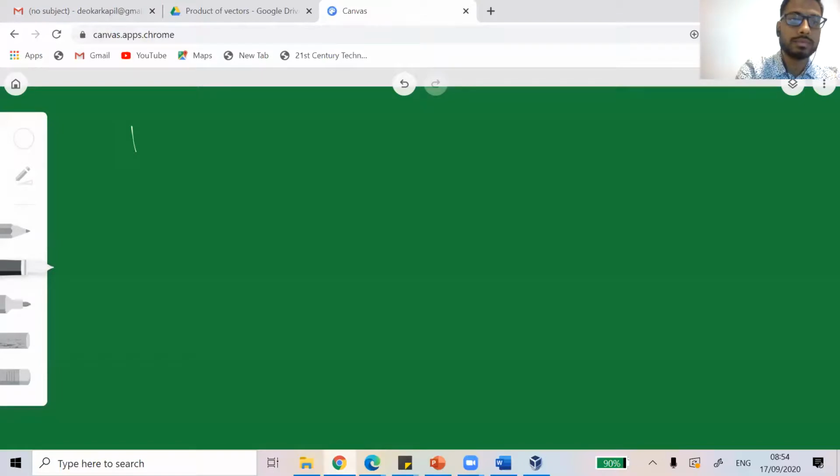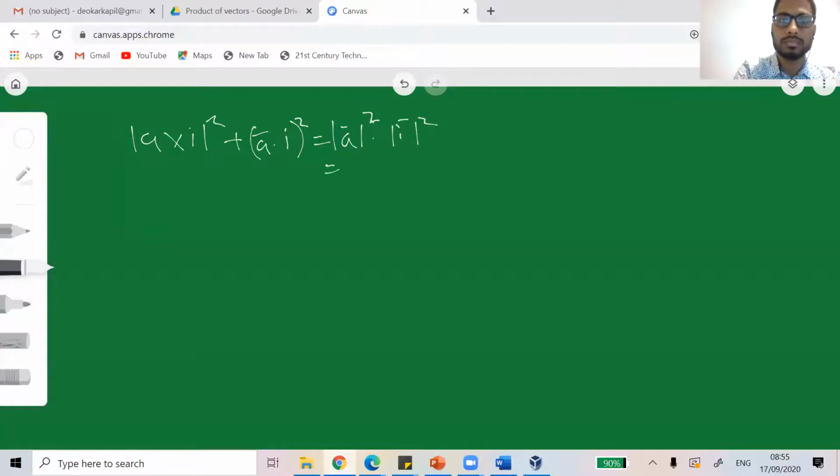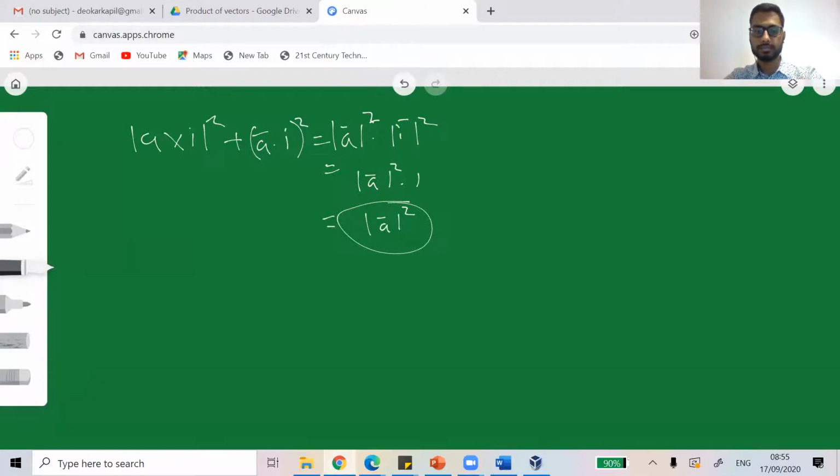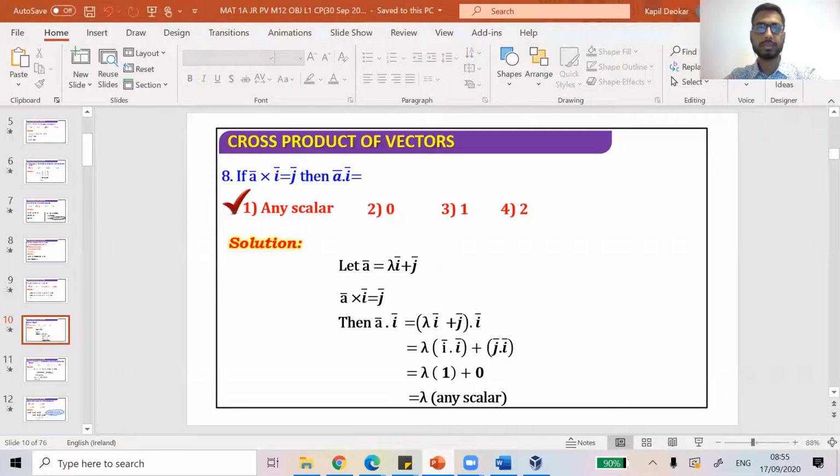The second method would give me magnitude of a square value. And as I don't have any particular value of a, it can be anything. Therefore, this value can be any scalar term. So let's get back to our presentation.